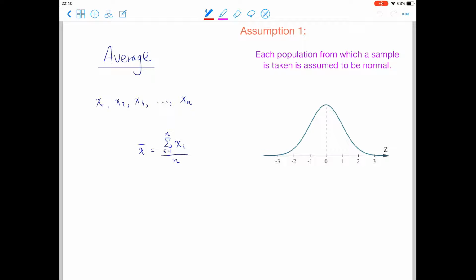First of all is the average. We also call it mean. And we can say mu equal to the x bar, which equals the summation of all the elements over the number of those elements. And from our previous assumption, each population from which a sample is taken is assumed to be normal.